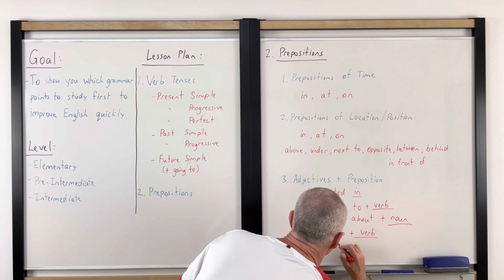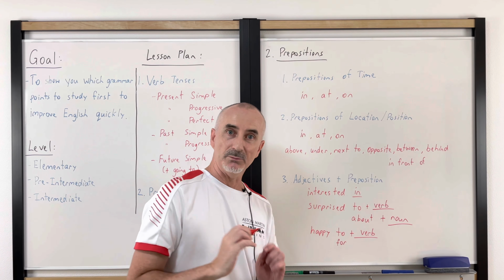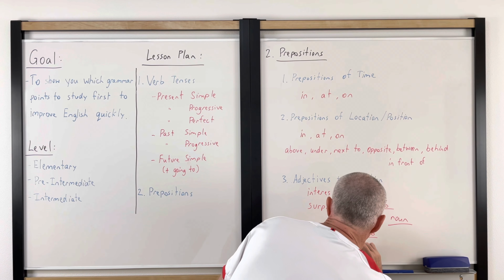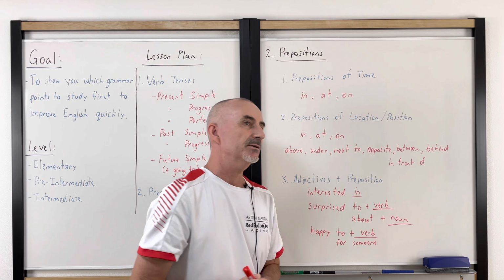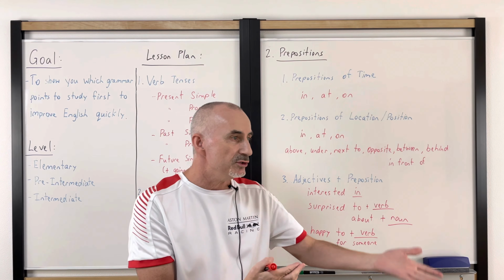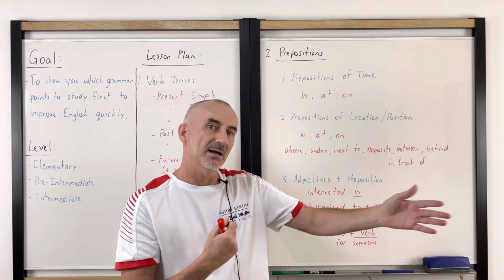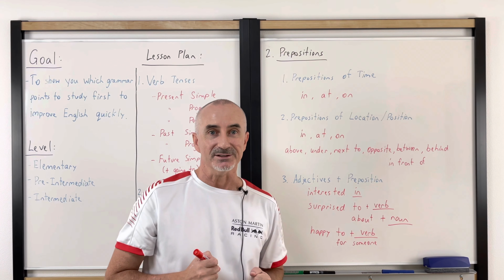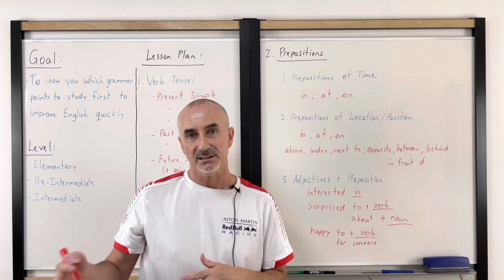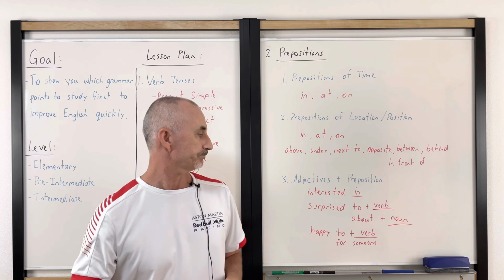The second one is for. Now happy for is always someone. I'm happy for someone. So if another person has good news or gets a good result, you can feel happy for him. I'm happy for my classmate because she improved her English. I'm happy for my classmate because he got a good IELTS test score.